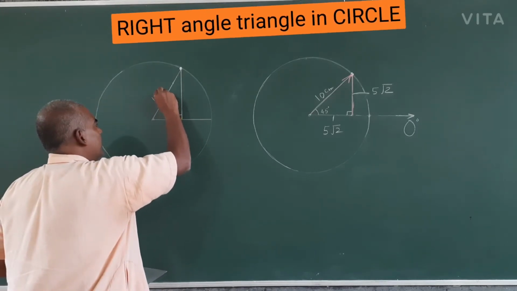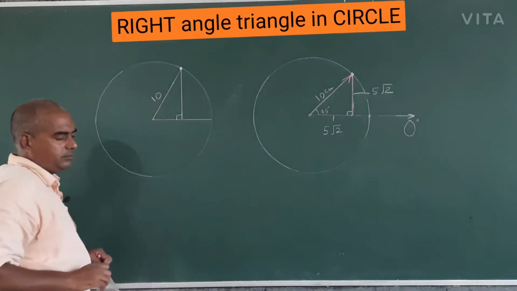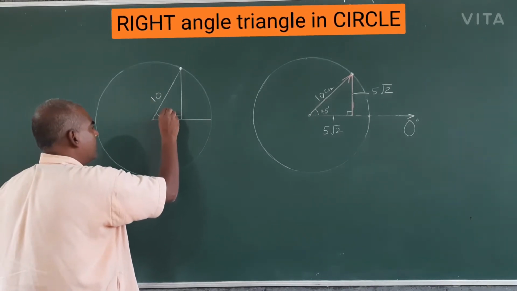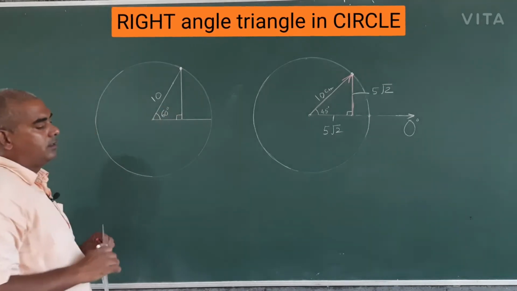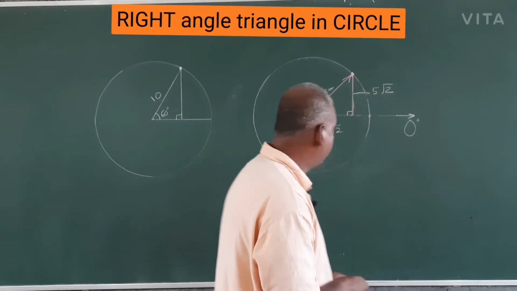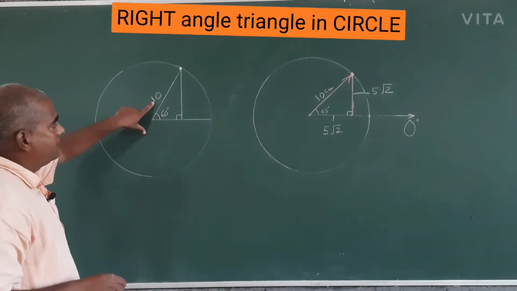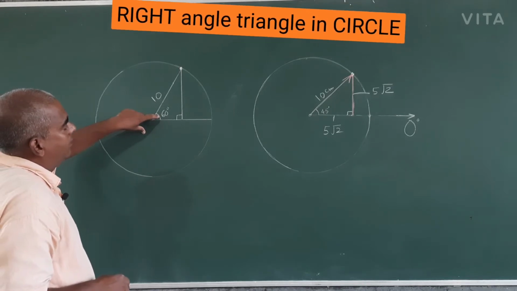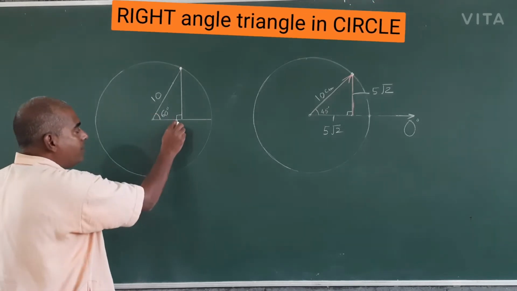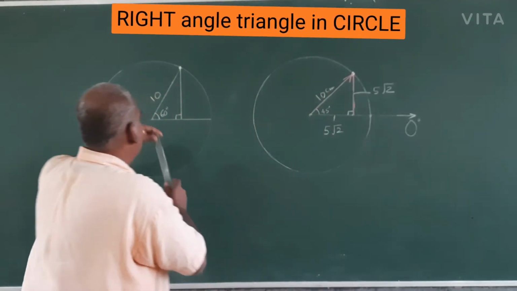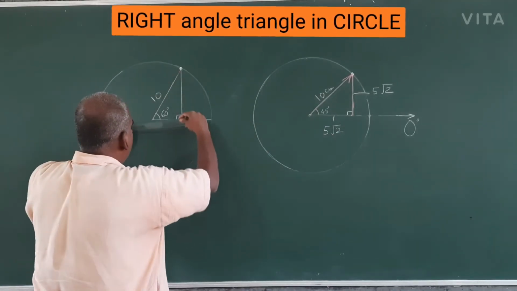This is 10 centimeter and this is angle 60 degree. You have got again a right angle triangle. If this is 10 centimeter, this is 60 degree, you will measure it. You will measure in your copy how much this is, how much this is.